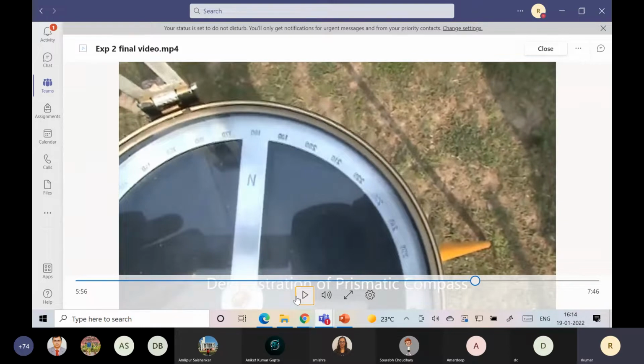North side there is a 180. If you see the reading on the top, it will be inverted, but through the prism you will see the correct reading.